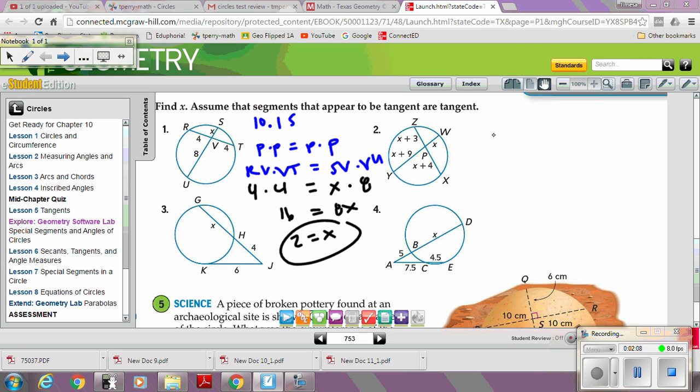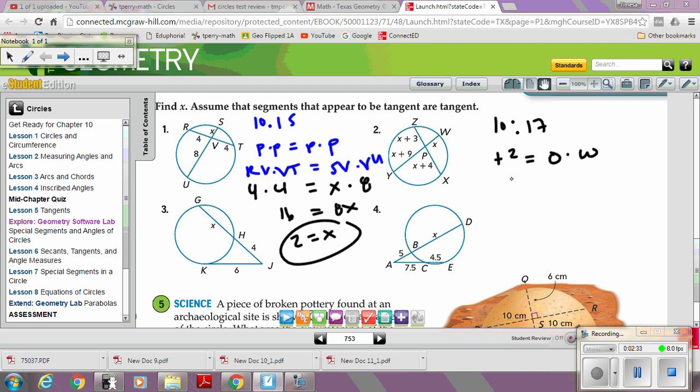On number 3, it's an example of 10.17 where we have a tangent and a secant. According to the rule, it's tangent squared equal to outside times the whole secant.